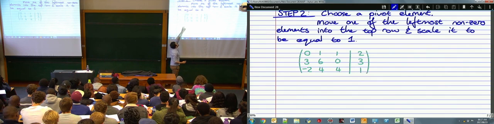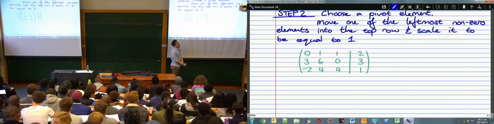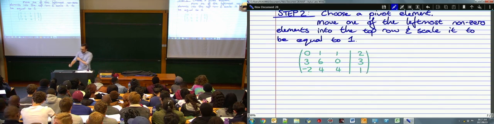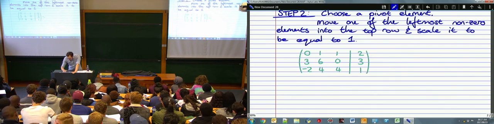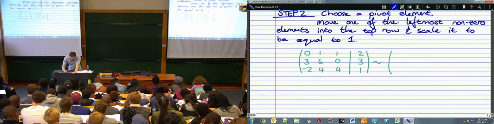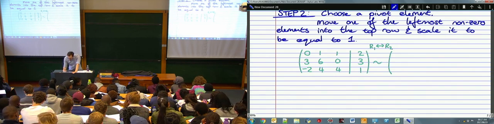So what we would do is we'd look at this, we choose one of the leftmost elements. You either choose that 3 or the negative 2. You can't choose the 0. Obviously, you've got to choose one of the leftmost non-zero elements. And we now first swap. So in this case, we would exchange row 1 and row 2. So we swap all of row 1 with all of row 2.